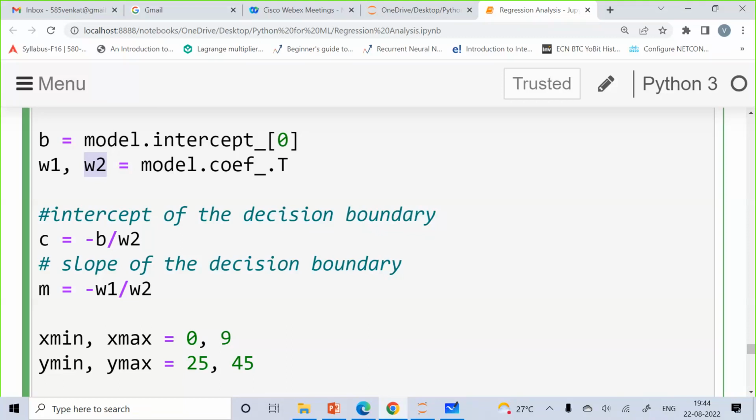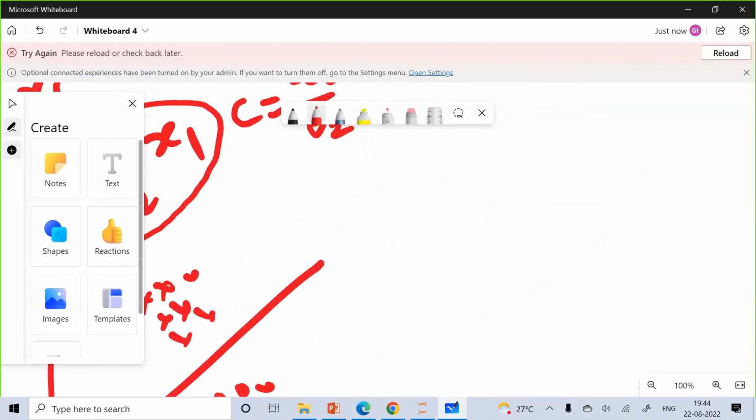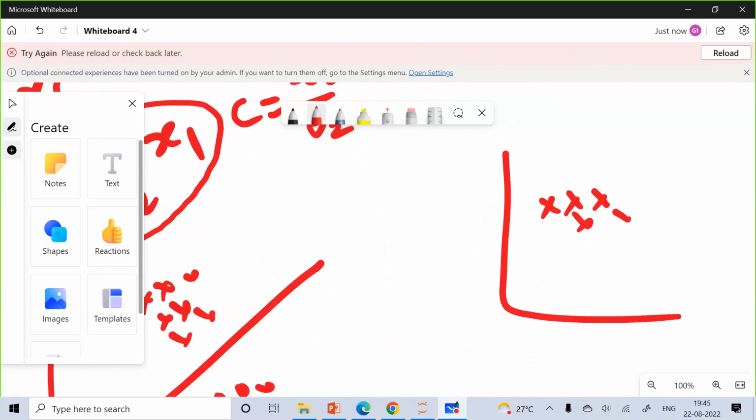Let me take a very simple example. Let the pattern be something like this in your regression problem. Let's say this is 0, and this is some 3.5.